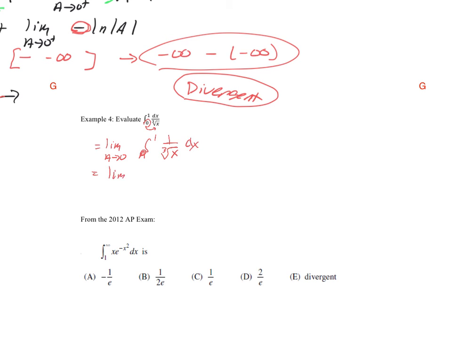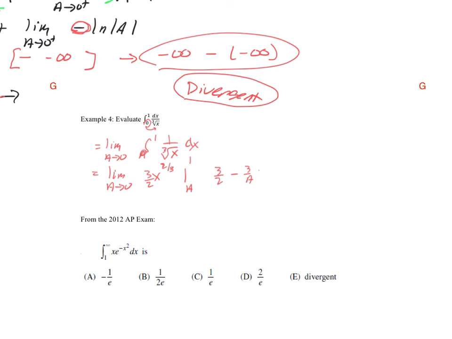So then my limit as a approaches 0. So this is x to the negative 1/3 power. So that means I'm going to go up 1 to 2/3, divide by 2/3 or multiply by the reciprocal, evaluate from 1 to a, which would give me 3/2 minus 3/2 a to the 2/3.